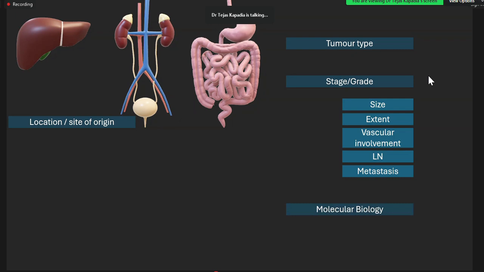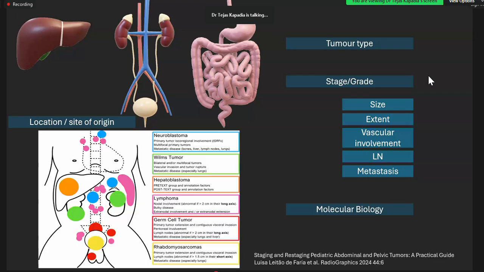The next step is molecular biology. Once we find the tumor, it undergoes some sort of intervention, usually a biopsy, and then we have the molecular biology. Putting everything together, we get to a proper risk grade or stage. On the basis of that, the further management is decided, be it leave it alone, chemotherapy, radiotherapy, surgery, etc.